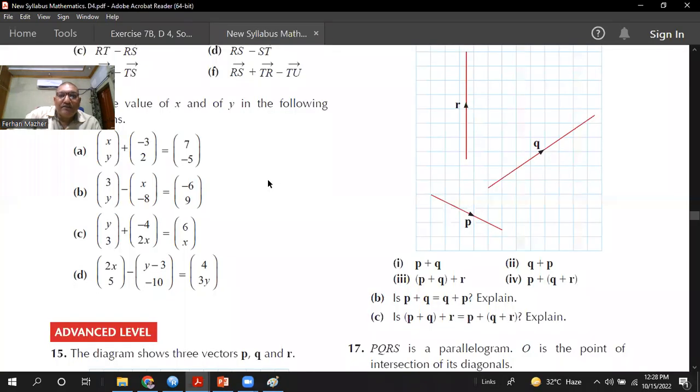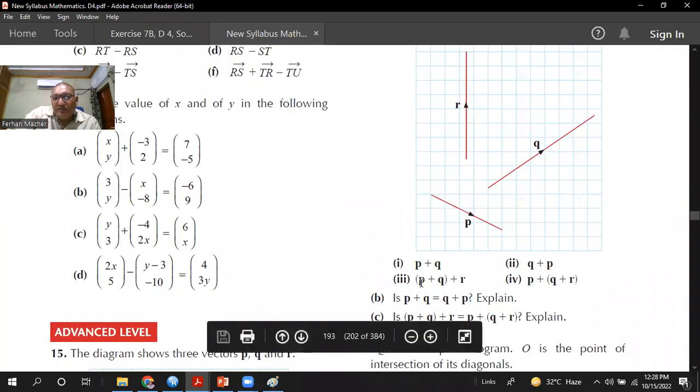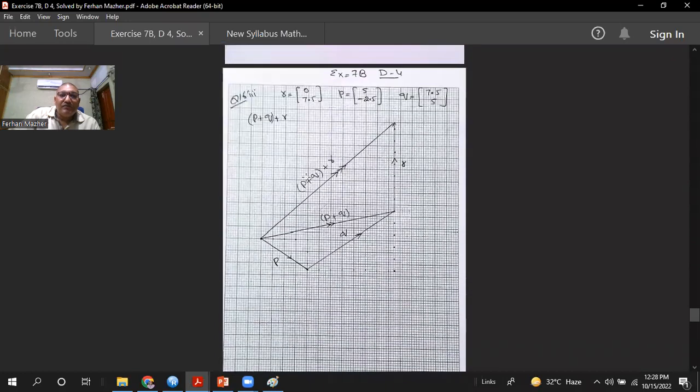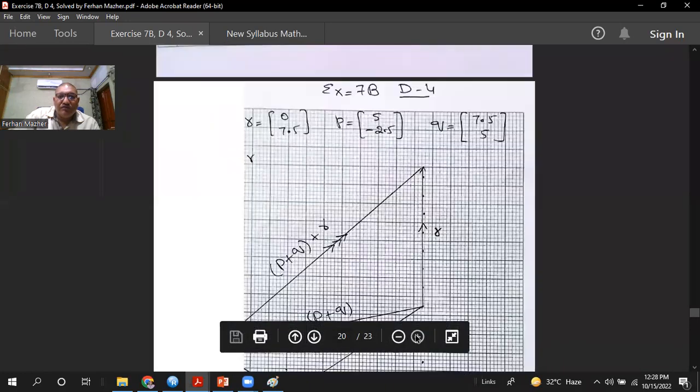Okay, now next thing. He wants me to find P plus Q, find their result, then add it with R. So let me show you.